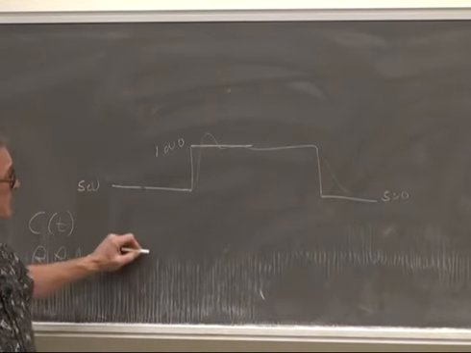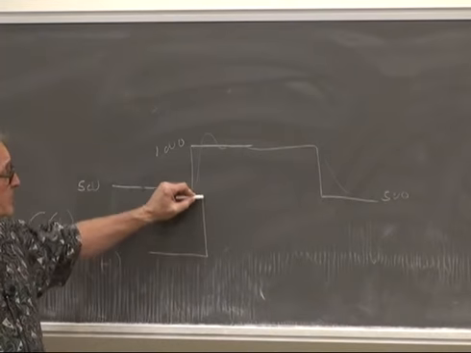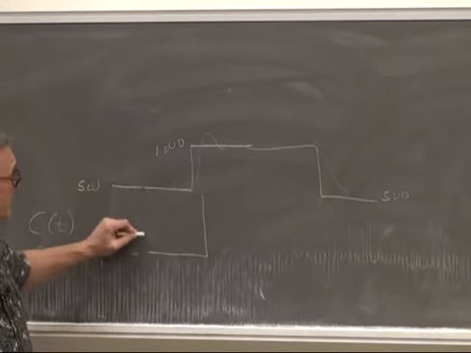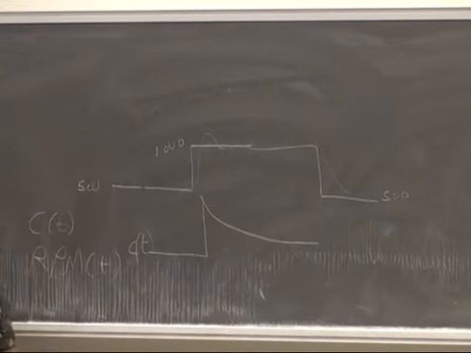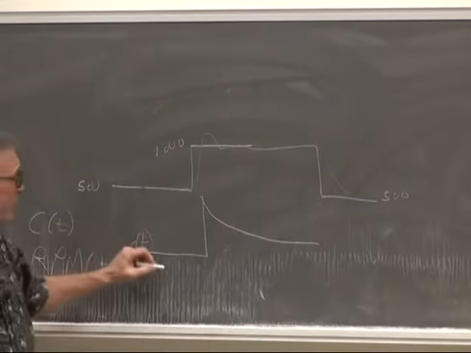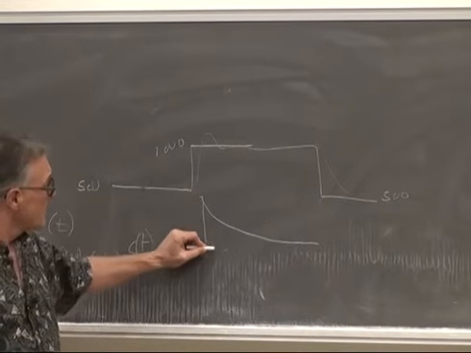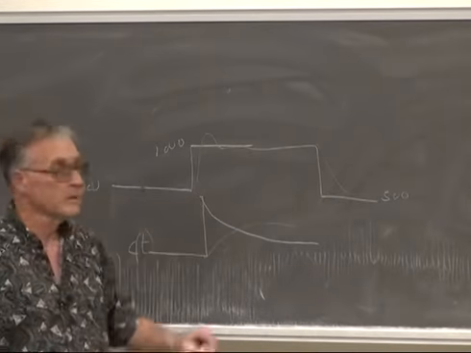So, for instance, you might find that for a certain set of parameters, C of t looks like this, and the RPM looks like this.